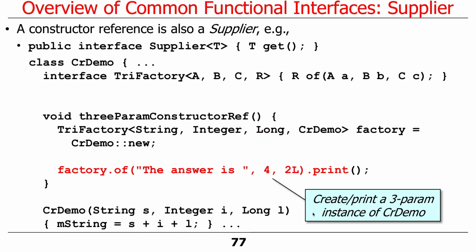And then it calls print, and that goes ahead and prints the results. So this is just demonstrating that you can use the mechanisms in Java to have constructor references that will access arbitrary length constructor parameter lists, as opposed to just the single one that comes by default if you use the supplier. Any questions about that?